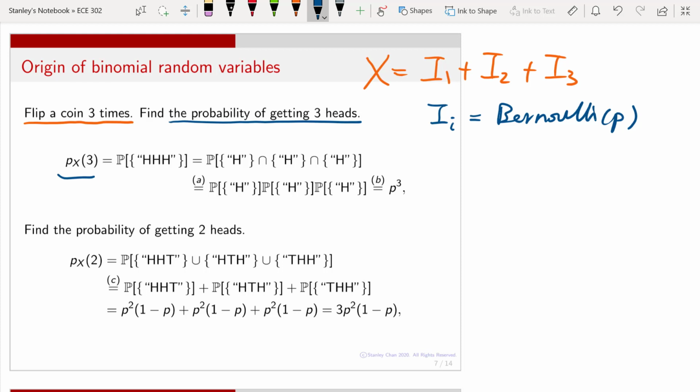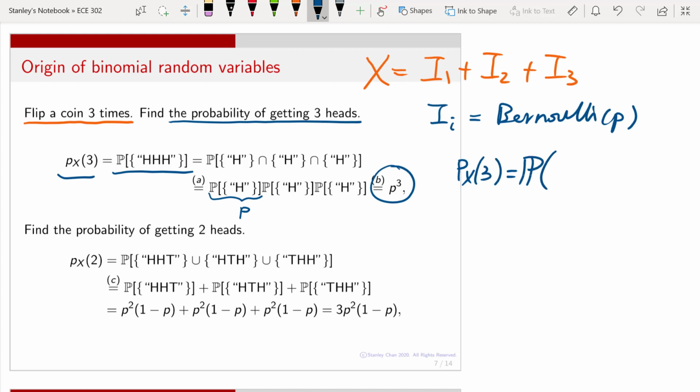So px at 3 is really the probability of getting 3 heads. And since all these coin flips are independent events, you can write this intersection of 3 heads into the product of the 3 probabilities. Each one will be p, and so you will have p to the power 3. So that's easy. Now, let us try to map this p to the power 3 into our equation. So here we have px of 3.